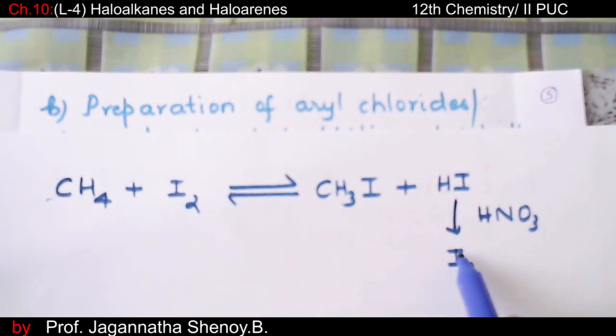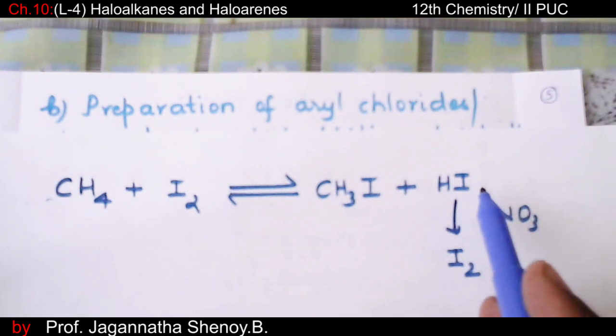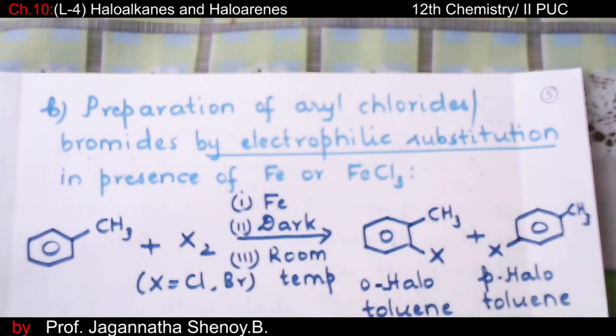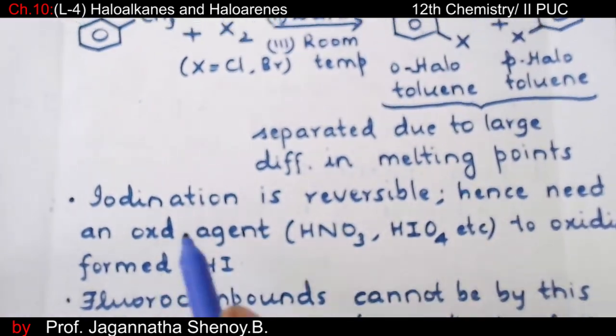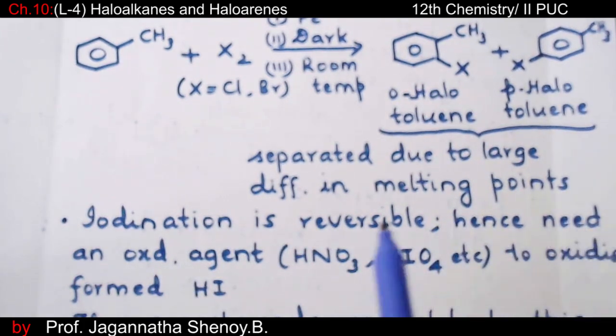So when I2 is formed, concentration of HI is reduced, and according to Le-Chatelier's principle, equilibrium will be pushed in the forward direction. So that is a point you are supposed to know. So iodination is reversible. Hence, we need an oxidizing agent like HNO3 or HIO4 to oxidize formed HI to I2.